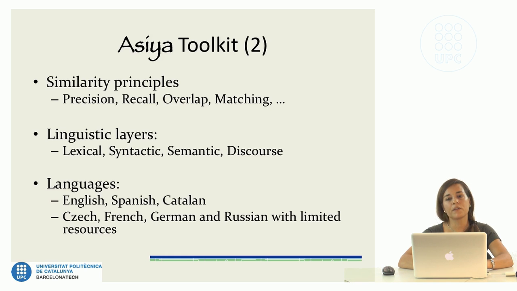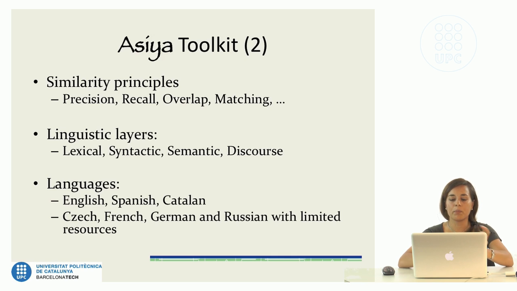The repository of the Asiya toolkit contains more than 800 metric variants for MT evaluation. This includes the last version of most popular measures like BLEU and Meteor, and also some in-house ones. These metrics assess the quality of automatic translations comparing to a reference translation, and they can rely on different similarity principles like precision, recall, overlap, and matching.